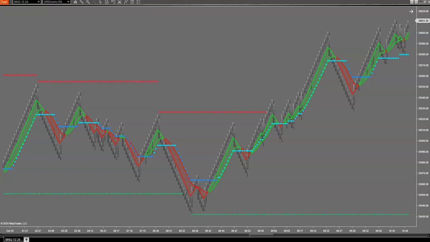So using indicators combined together to help you see patterns, to then go and take action and execute on those patterns over and over again.